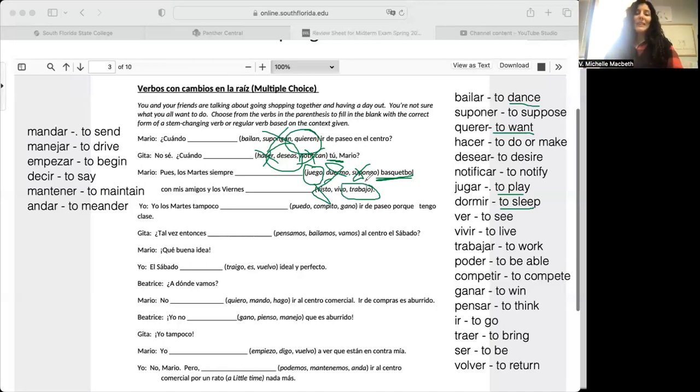Okay, let's go to the next one. Yo los martes tampoco, and then we have puedo, compito, gano, ir de paseo porque tengo clase. No? Okay, so all of them are conjugated correctly. So is it more likely that we would be able to hang out downtown, that we would compete to hang out, or that we would win?